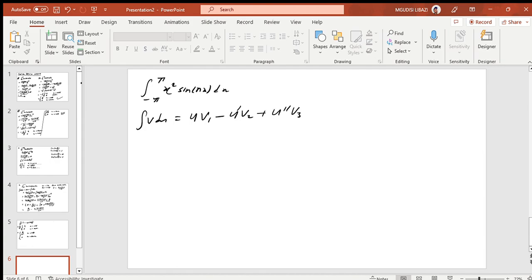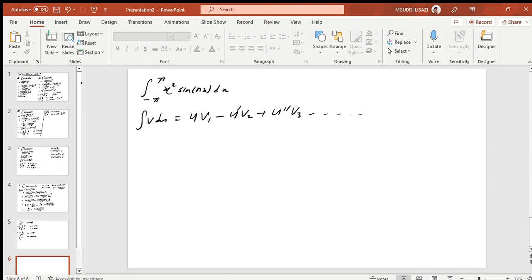You'll notice that the signs alternate: plus, minus, plus, minus, and then we have u v1, u prime v2, u double prime v3, and so on. If you have a fourth term, it would be u triple prime and then v4.